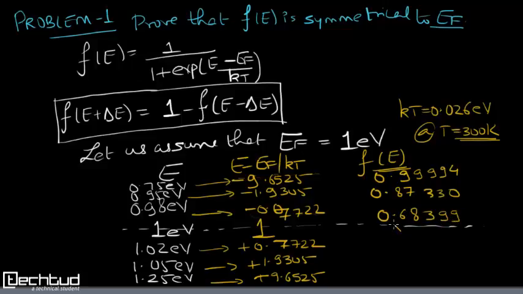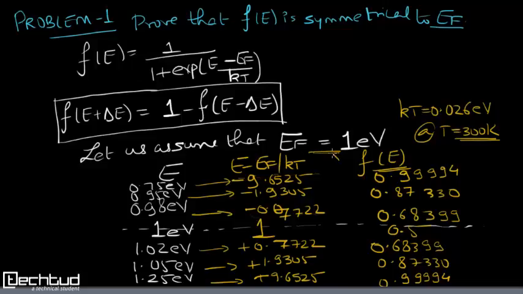Similarly, for E equal to EF, we know this probability will come out to be 0.5. When you substitute on the other side, you will get the same complementary values. You can see the probability of finding an electron at energy level E is symmetrical with respect to EF. So this problem makes you understand the theoretical concept.